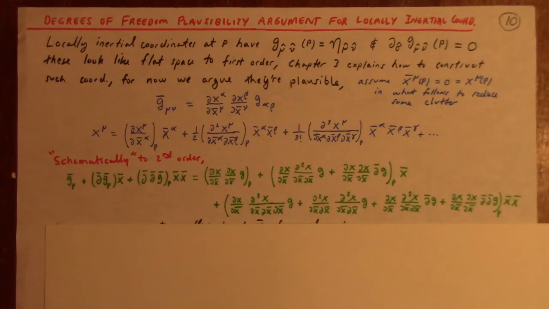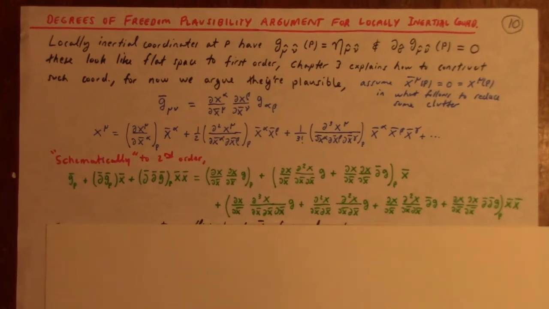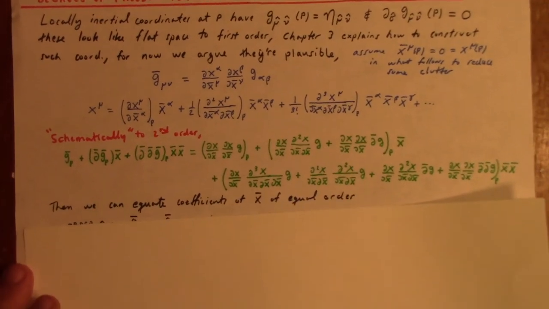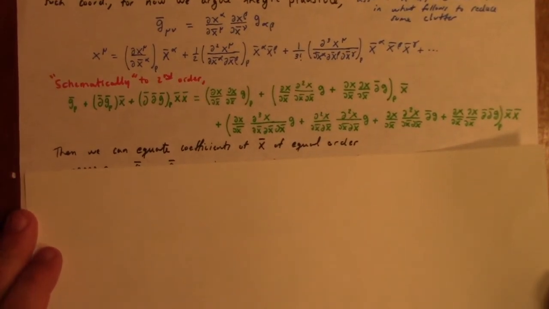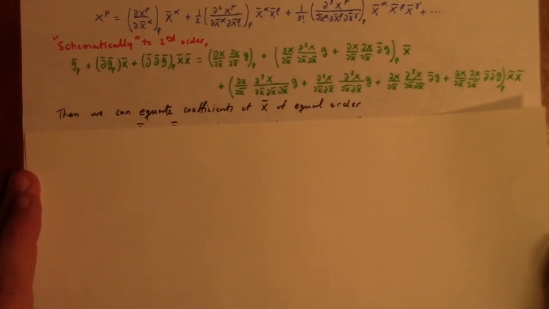This is just a counting argument, so don't spend too much time on it. Although I will tell you, theoretical physicists can do quite a lot with counting arguments and degrees of freedom. You'd be surprised.